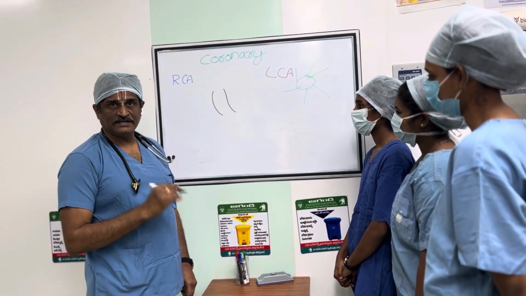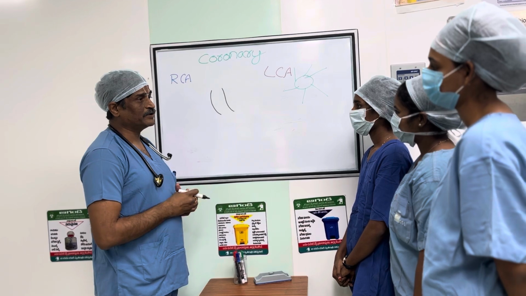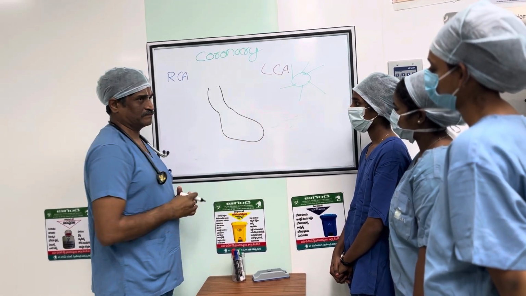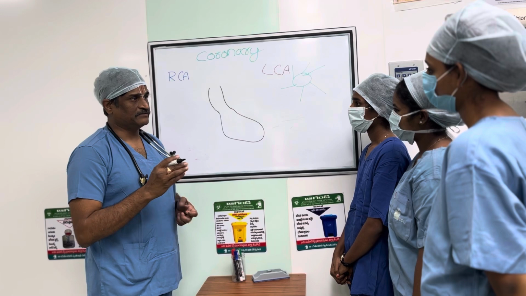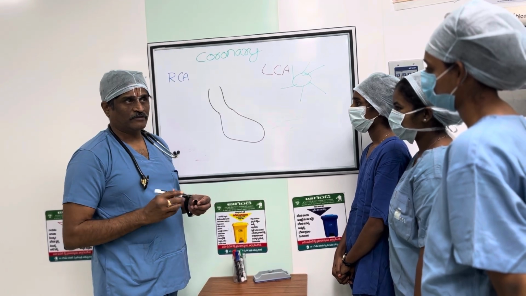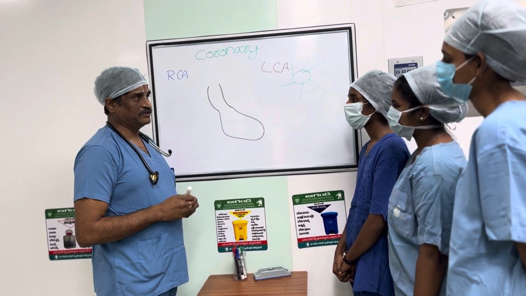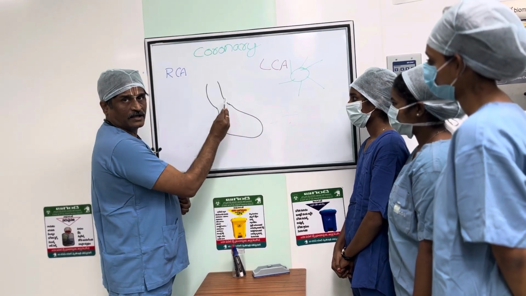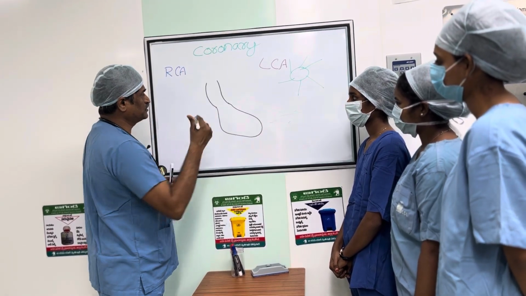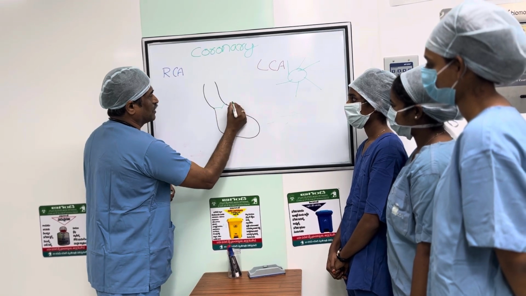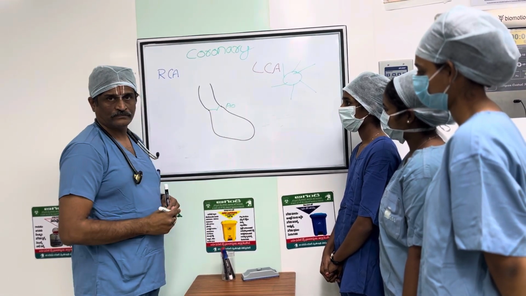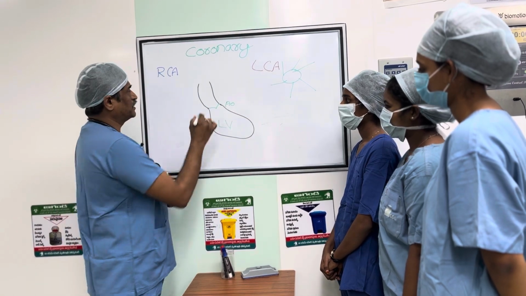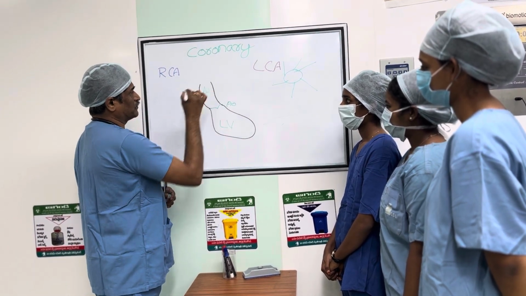This is the ascending aorta. Where is the ascending aorta coming from? It is a continuation of the left ventricle. In the previous video, we learnt about the valve called the aortic valve, which is present between the left ventricle and aorta. So this valve is the aortic valve. This is the left ventricle and this is the aorta.